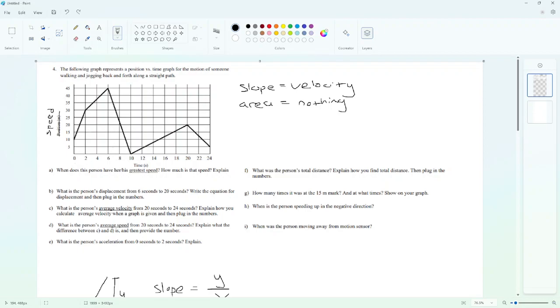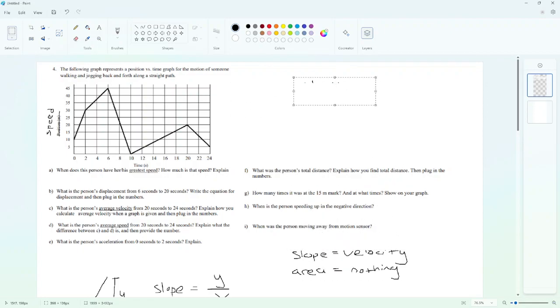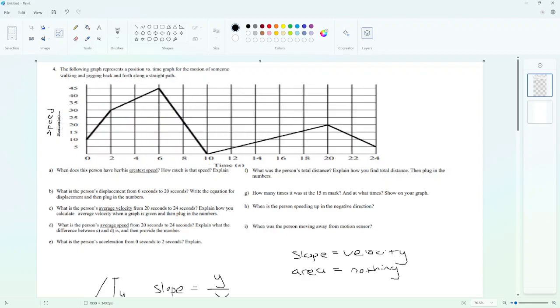So the slope in this case right here is going to be just 10 meters per second. Go ahead and expand this so we write this better. So that's 10 meters per second right there.